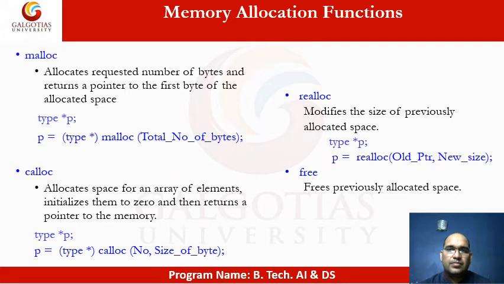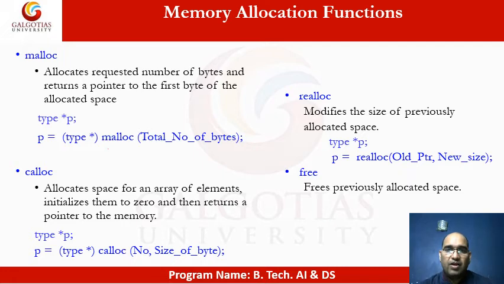Memory allocation function. The first function with the help of which we can allocate the memory is malloc. It allocates the required number of bytes and returns a pointer to the first byte of the allocated space. The syntax for this one is you give the data type and then star p. p is a pointer variable. Here is malloc and then the total number of bytes for which we want to allocate the memory.